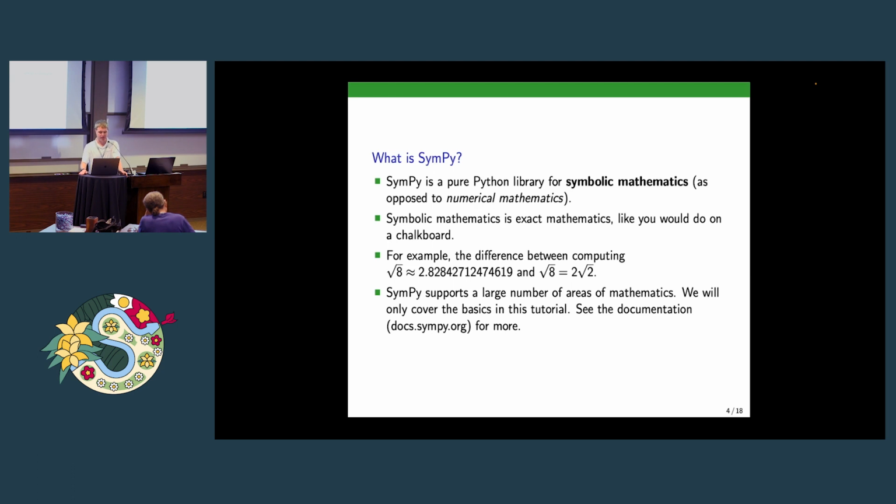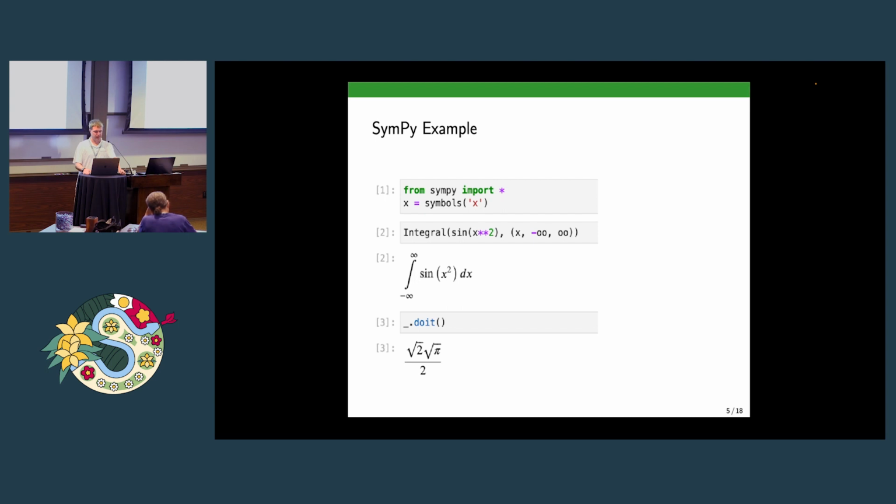And so SymPy covers a pretty large area of mathematics. We're going to have a list here in a bit of all the features. So here's an example. We'll see a lot of this, obviously, but just to give you an idea. So here's SymPy computing this integral, sine of x squared dx from negative infinity to infinity.